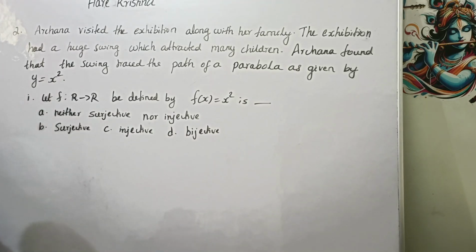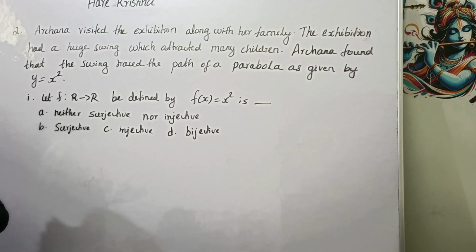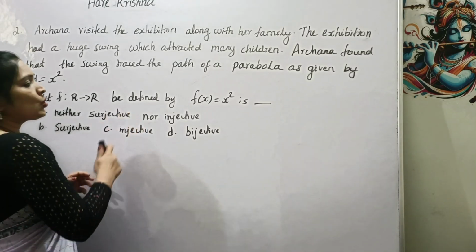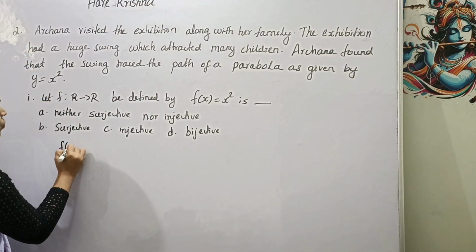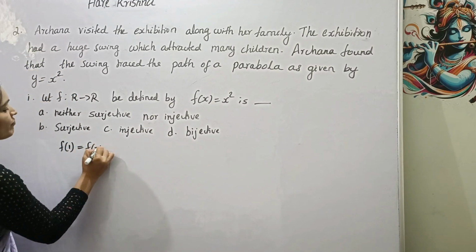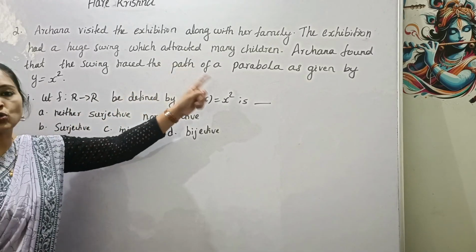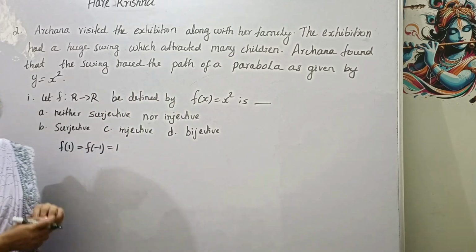Okay. So here the function is f of x equals x square. Let's check whether it is one-one or onto. It is clear that f of 1 equals f of minus 1 equals 1. F of 1, that is 1 square, is 1, and f of minus 1 square is also 1.